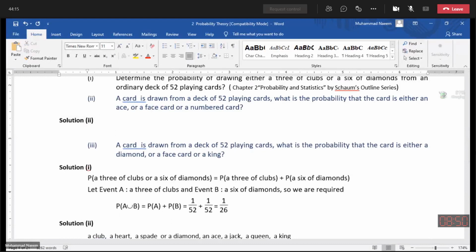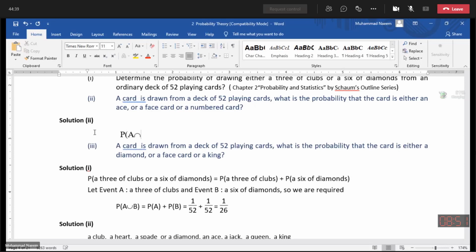So what is the required probability in this case? The card is either an ace, the probability of A, union, or the face card, union, or the numbered card.